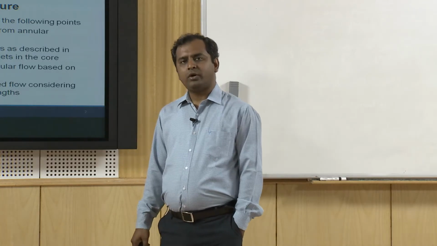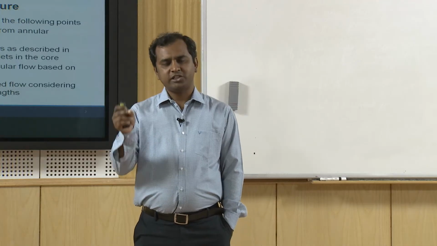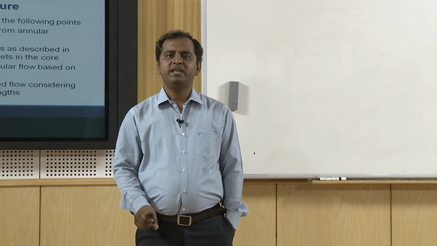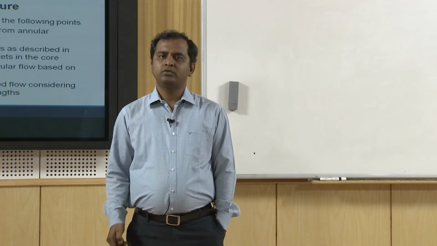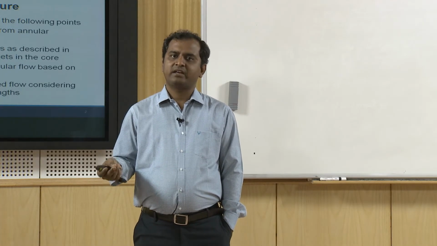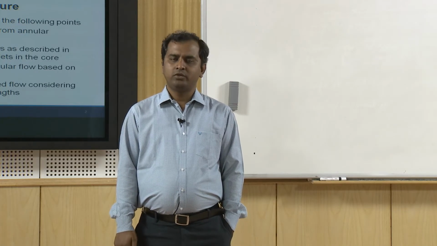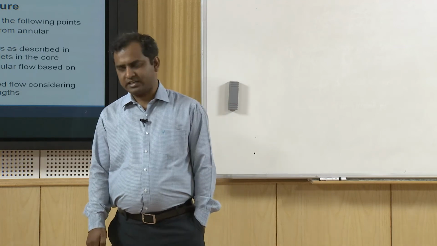In case of droplet annular flow, you will find that the annulus is shedding some droplets which are being carried in the core, right. So, we will be changing the friction factor at the wall and accordingly the frictional force will be modified. Those issues we will be tackling in this lecture.